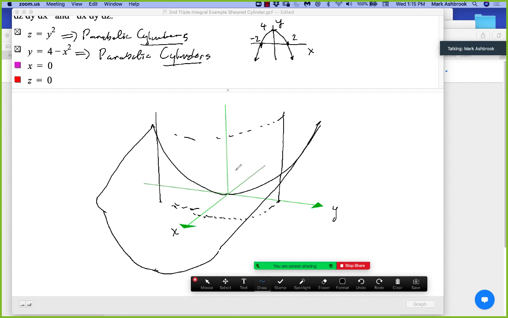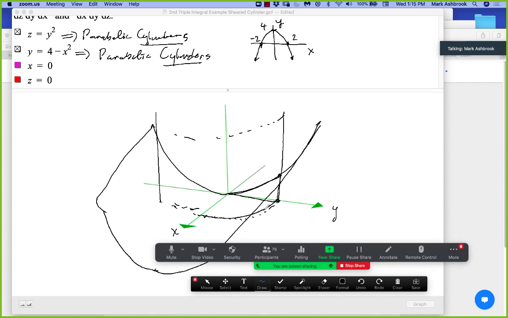And we know that x equals 0 is the back, so this is going to be the back of it right here. Okay, and then the bottom is going to be an edge on the bottom.